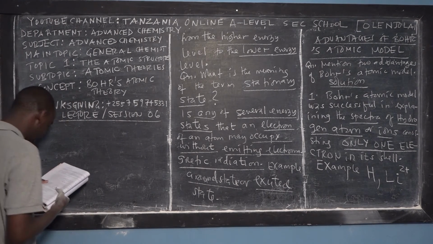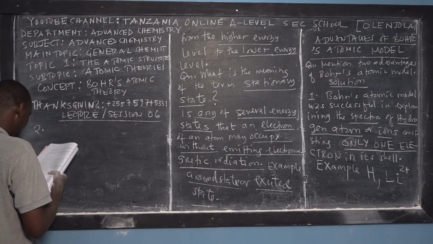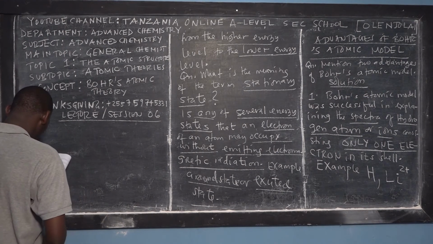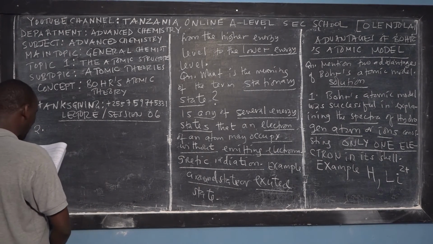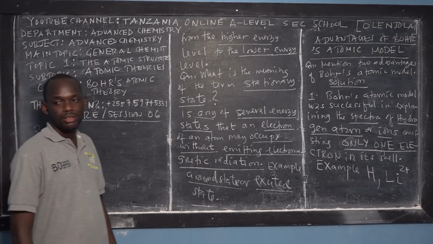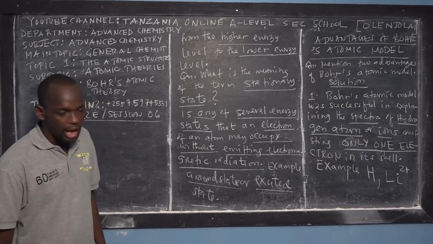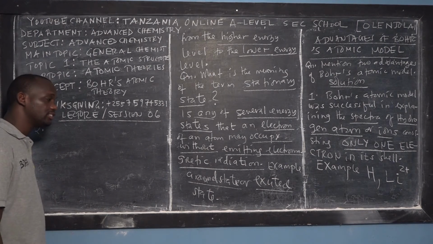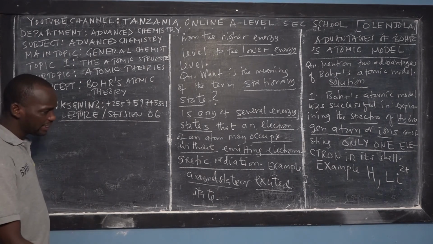Number 2, the second advantage. We said it is true that nearly the entire mass of an atom is concentrated in the nucleus. Rutherford suggested that. Thomson explained a little bit about that.